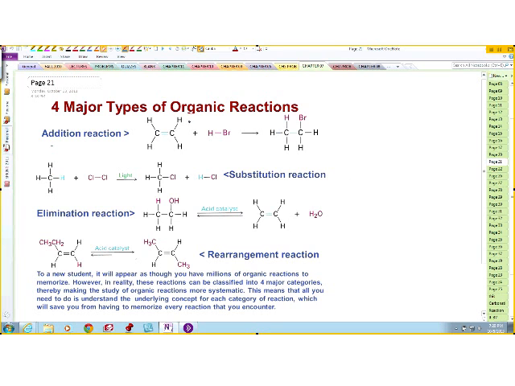We have what we call the addition reactions. In the addition reaction, if you take a carbon-carbon double bond, just as we have here, we are reacting hydrogen bromide with it. In essence, we added hydrogen and bromine across that carbon-carbon double bond.